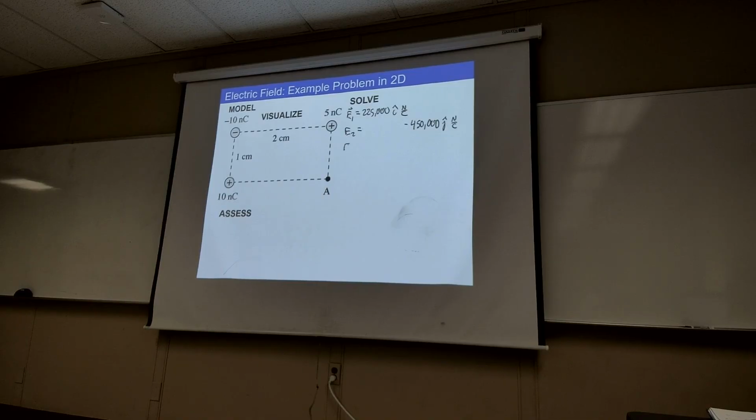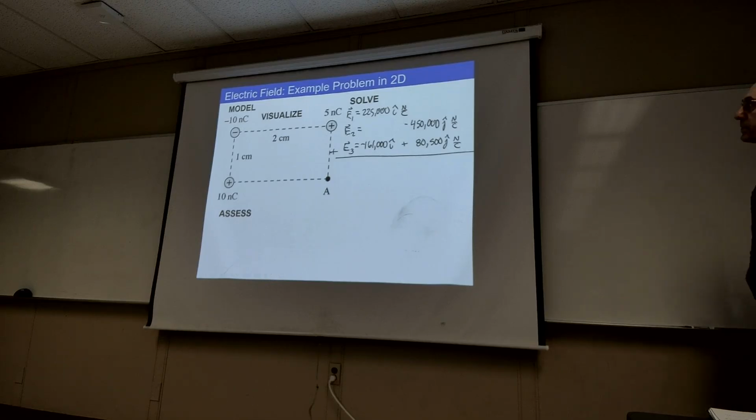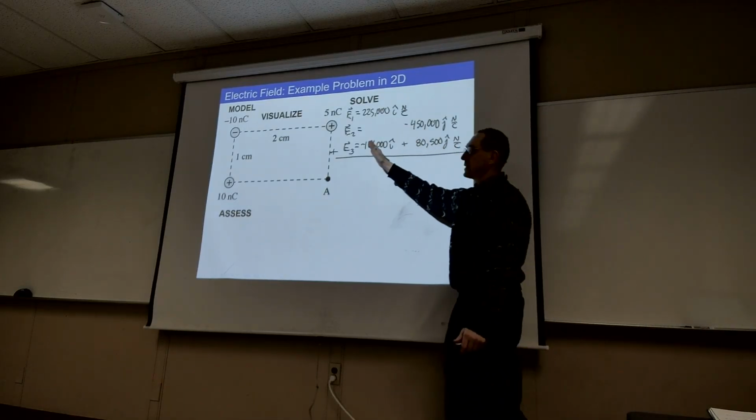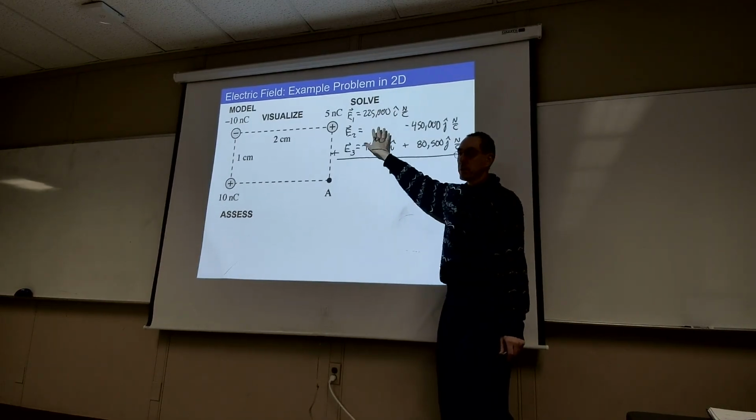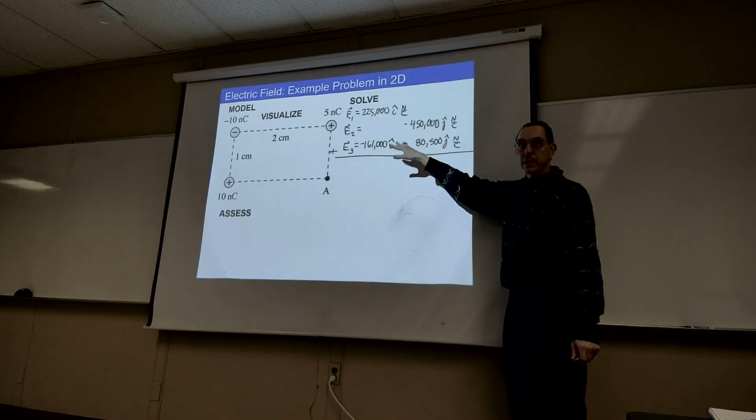And then E3 was equal to what we just wrote down, negative 161,000 i hat plus 80,500 j hat. Once again, Newtons per coulomb. We add those up. And you notice I kind of wrote them offset because these are all the i hat components, your x components. These are all your j components. They have to be added separately.